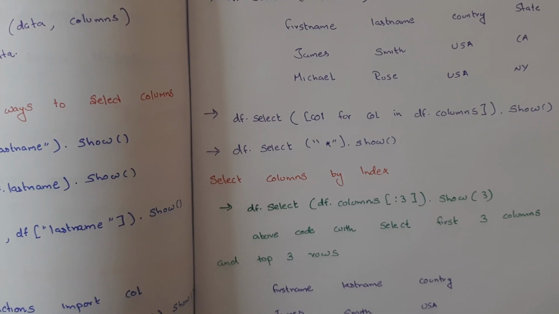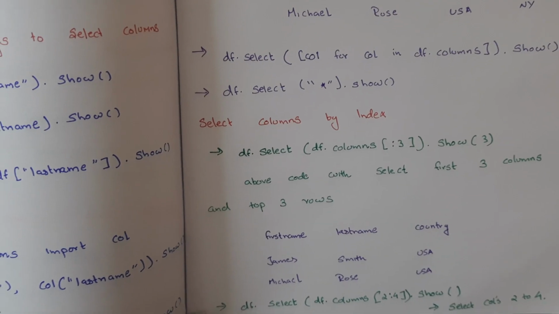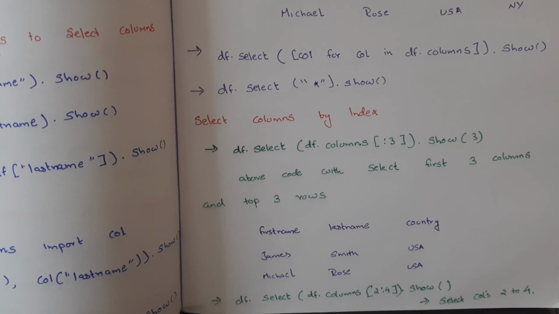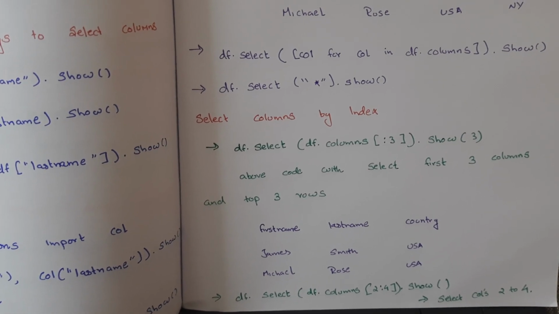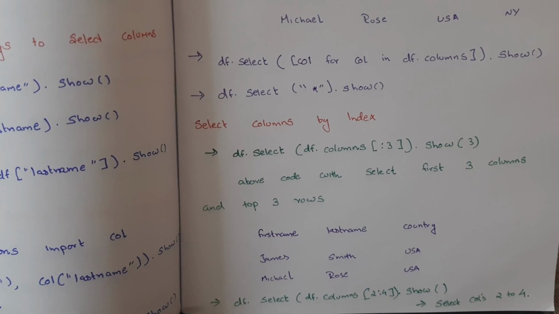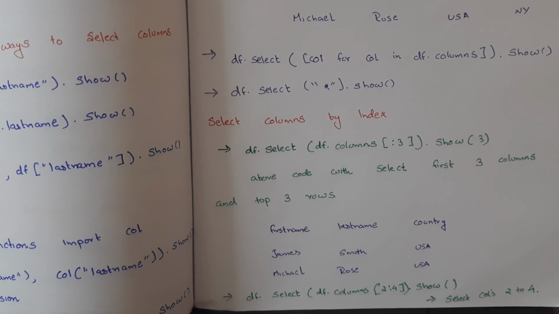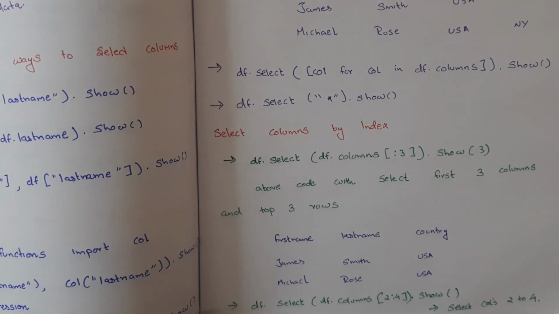The above code will select the first 3 columns and top 3 rows. We have only two rows, so we are getting only the 2 rows out of it. And then df.select, df.columns, and in the index we give 2:4, so we will get columns second to fourth. We won't get all the columns, only columns 2, 3, and 4 here.